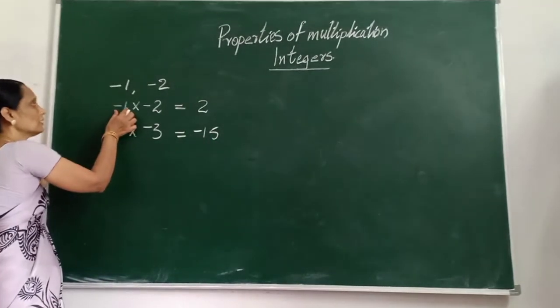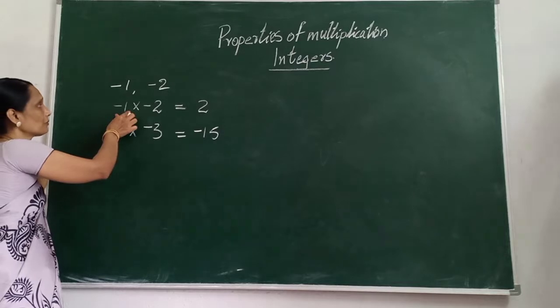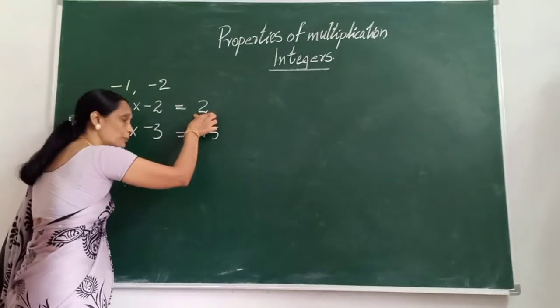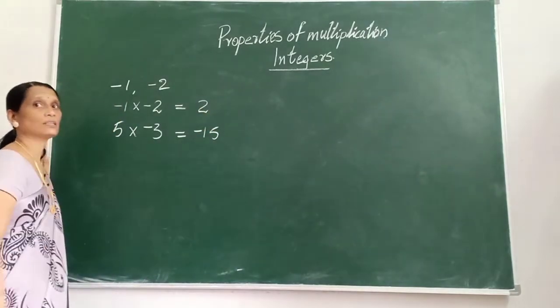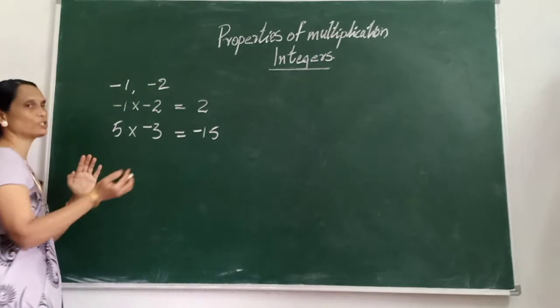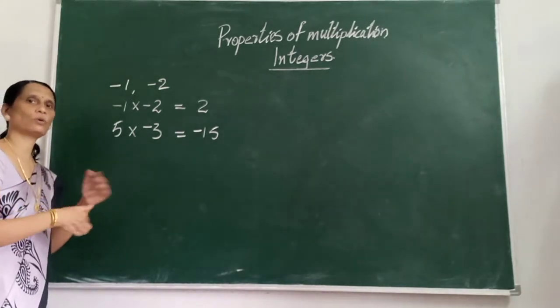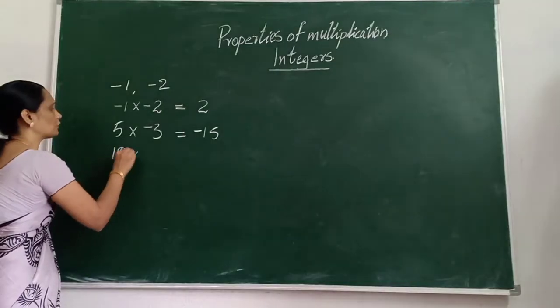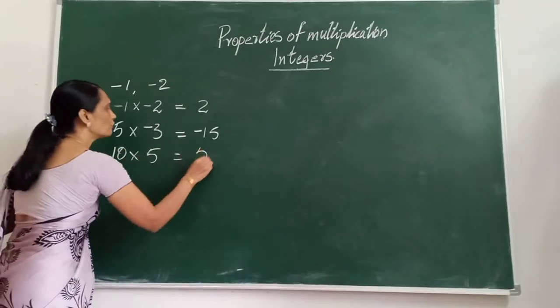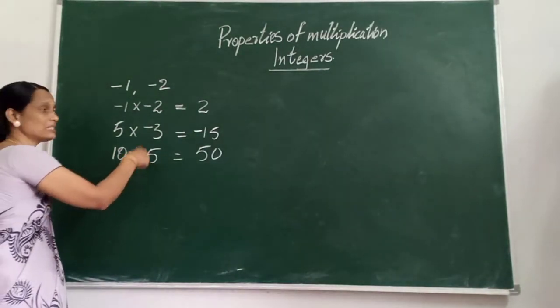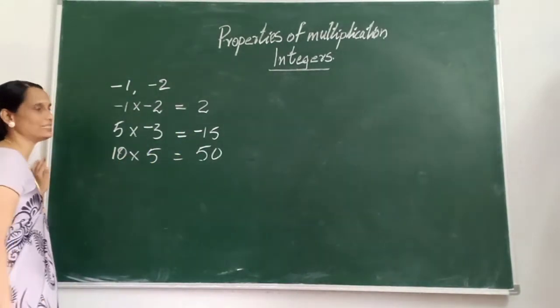Here also you have seen minus 1 is an integer and minus 2 is an integer and the product 2 is also an integer. Whenever you take any number, whether a positive number and a negative number or any two negative numbers or any two positive numbers, let us take 10 into 5, we got 50. So 10 is an integer, 5 is an integer and 50 is also an integer.